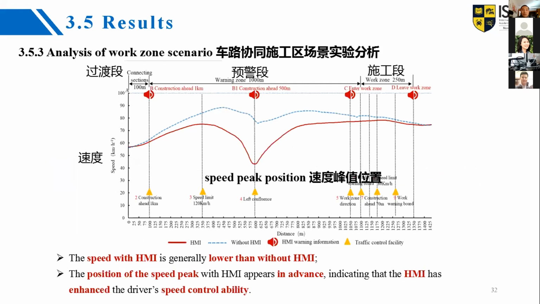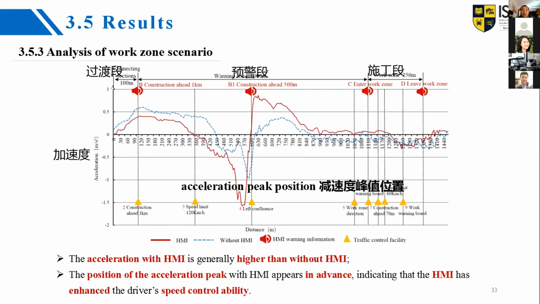For the speed index, in this picture, we see that the position of the speed peak with HMI appears in advance. It shows that the HMI has enhanced the driver's speed control ability. For the acceleration index, we can draw the same conclusion, I think. The HMI has enhanced the driver's speed control ability.